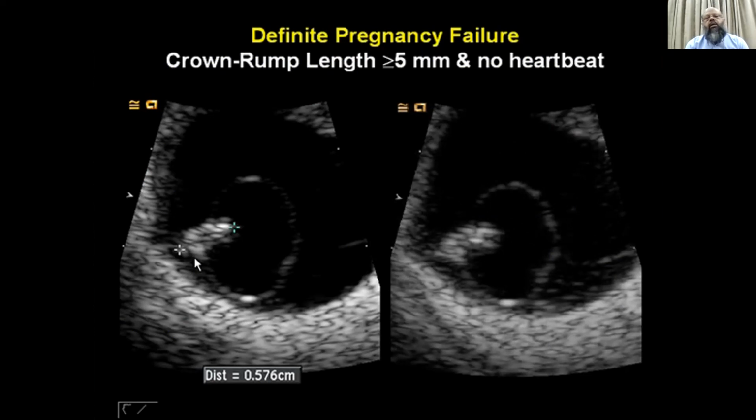So if there is no hazard, no urgency, and no bleeding, just pain or discomfort or spotting, we can wait for the heartbeat to appear for 1 to 2 weeks, and keep scanning on alternate days if required.